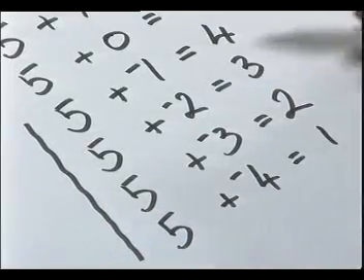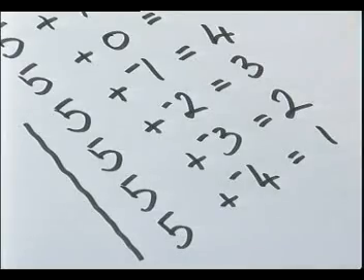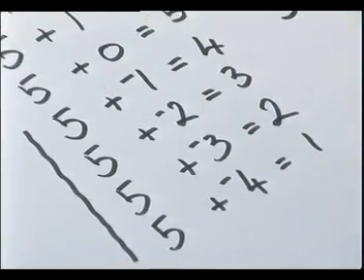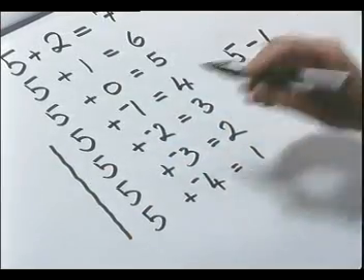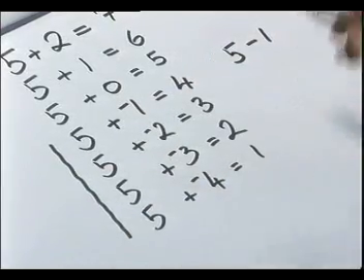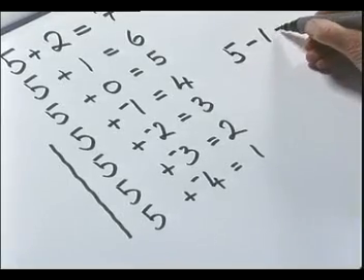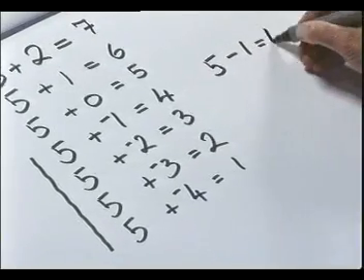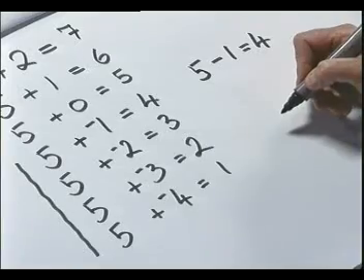Now, if we look at these additions of negative numbers, we can actually write these calculations as subtractions of positive numbers. So 5 add negative 1 would be the same as 5 subtract 1, and you get the same answer, 4.